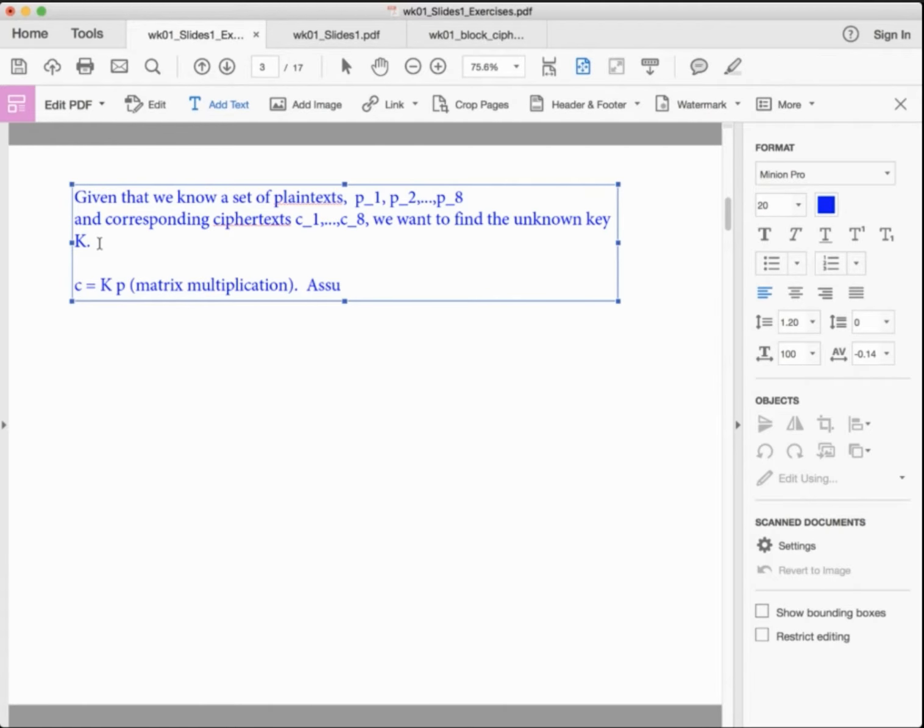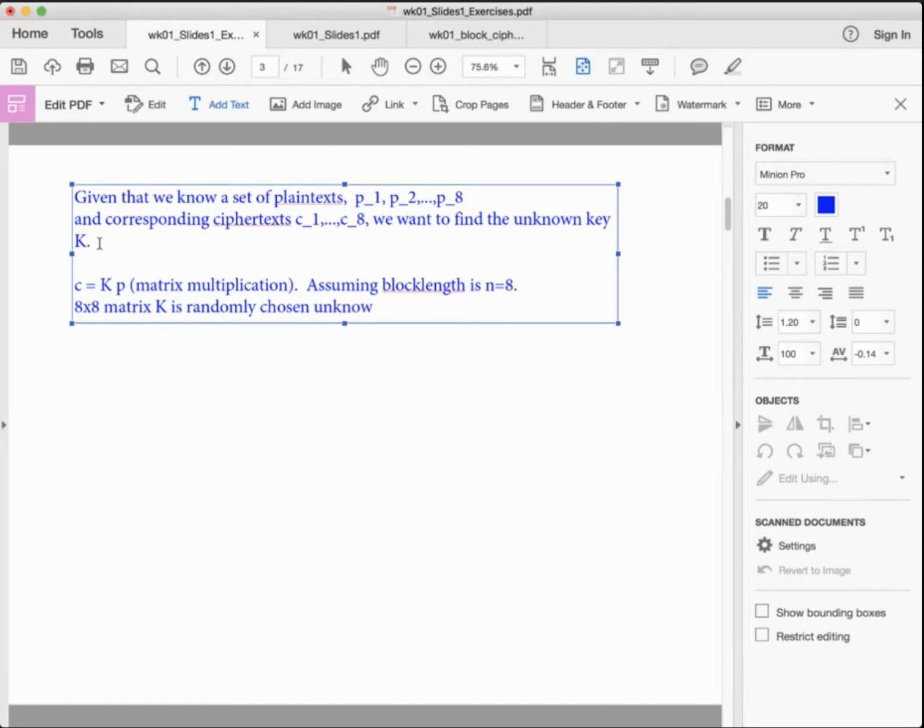But we're assuming block length is n equals 8, so it's an 8 by 8 matrix. K is a randomly chosen unknown key. We want to solve for K. And the question is, can we do that efficiently?